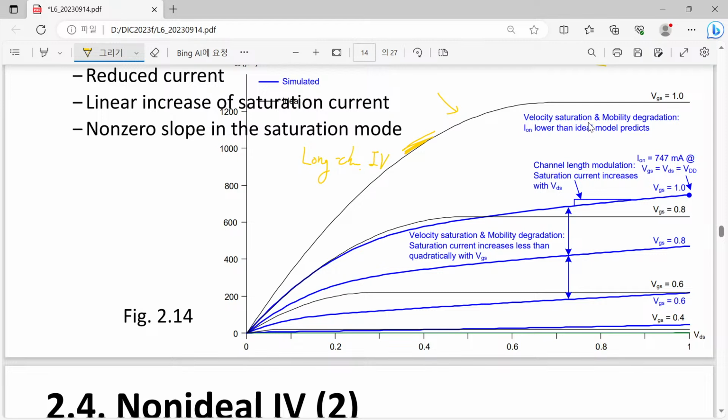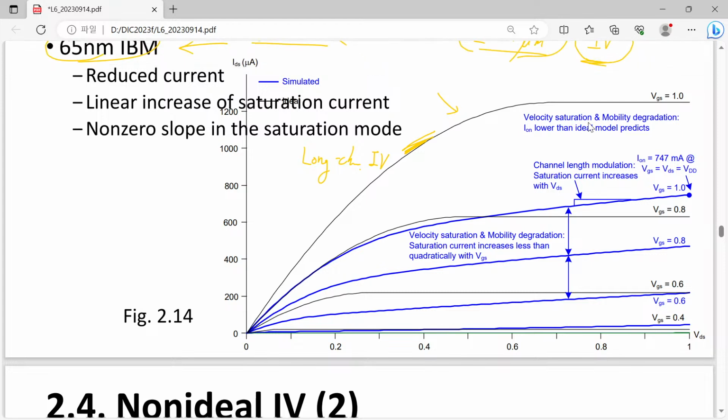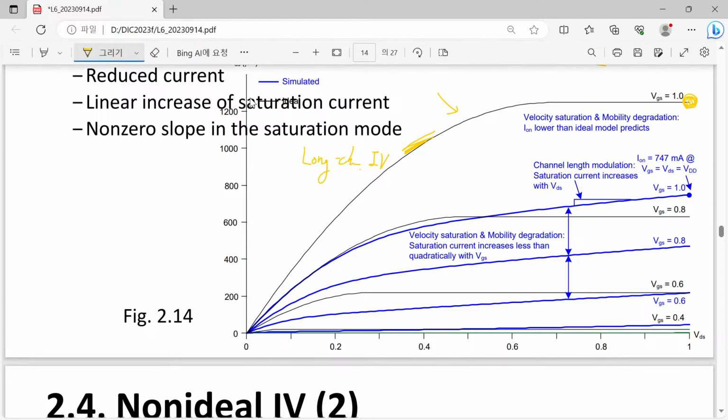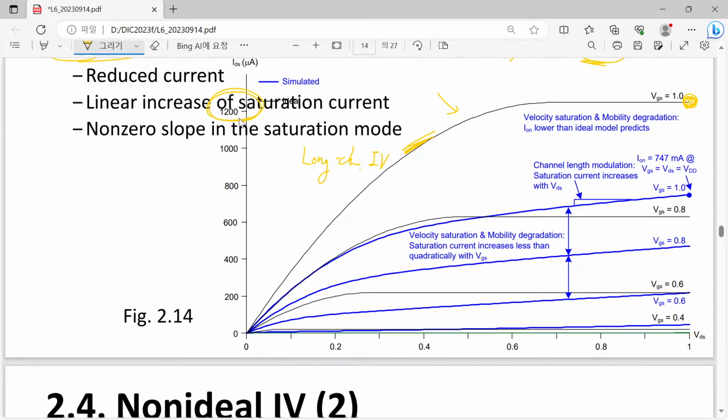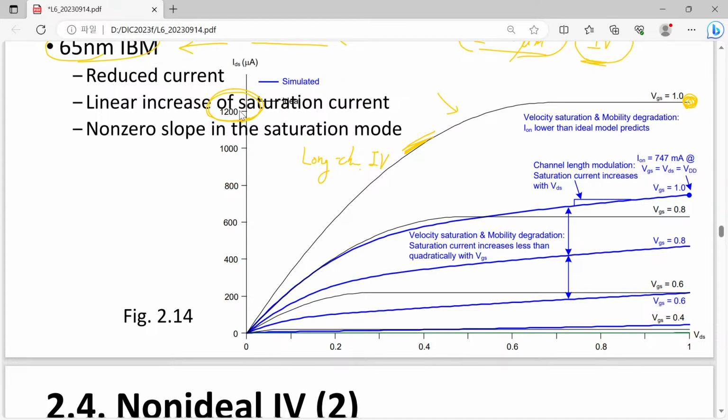So when we predict the IV characteristics of a MOSFET with long channel IV characteristics, we will predict that when we apply 1 volt, we will have such a high current for this device, around 1200 microamp. However, a more realistic estimation gives us just 2/3 of the predicted one. Okay, so this is the value.